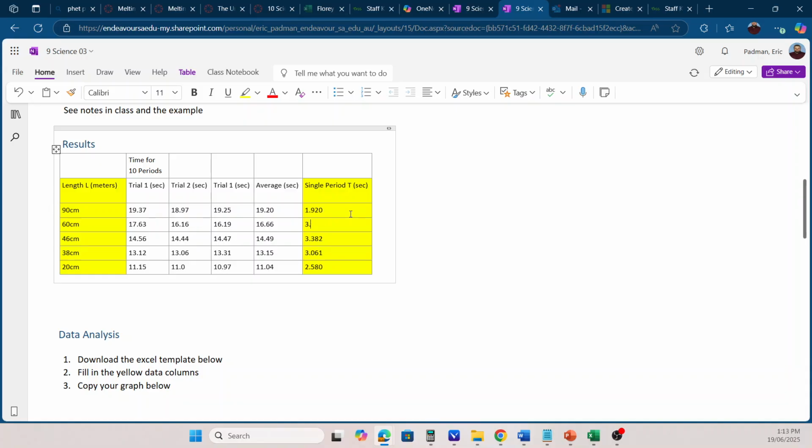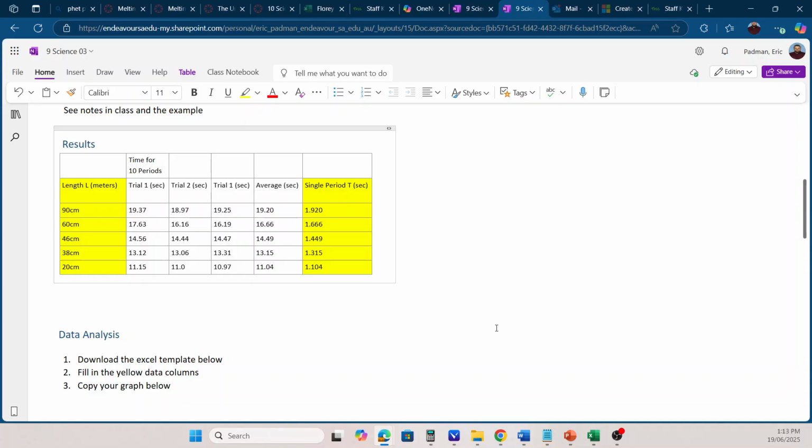That is 1.666, 1.449, 1.315, and excuse me, that is 1.104. Those are now fixed up.